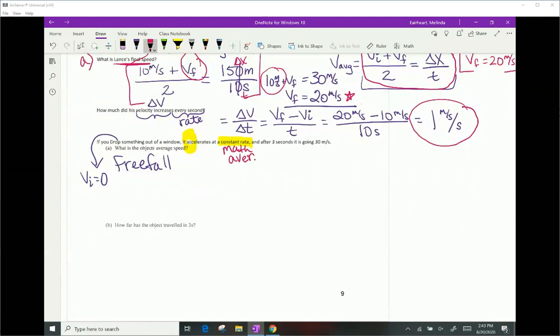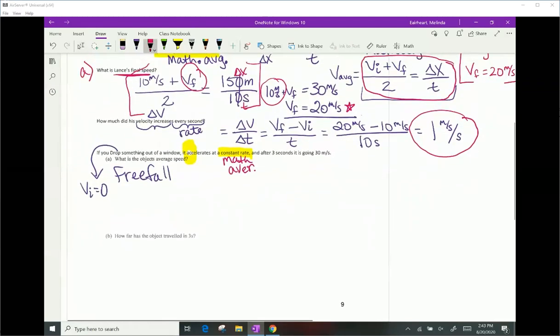After going 3 seconds, there's our time, it is then going a final velocity of 30 meters per second. What is the average speed? Again, get in the habit, if you don't know where to start, of listing out your givens. So we have VI equal to 0, VF equal to 30, and they give us the time of 3 seconds.